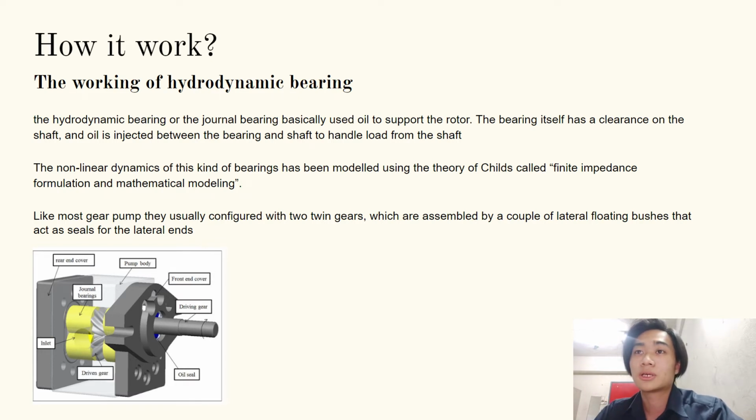These lateral floating bushes act as support for the gear shaft by means of two hydrodynamic bearings, which are hydraulically balanced in order to avoid misalignment between the gear shaft and the journal bearing.